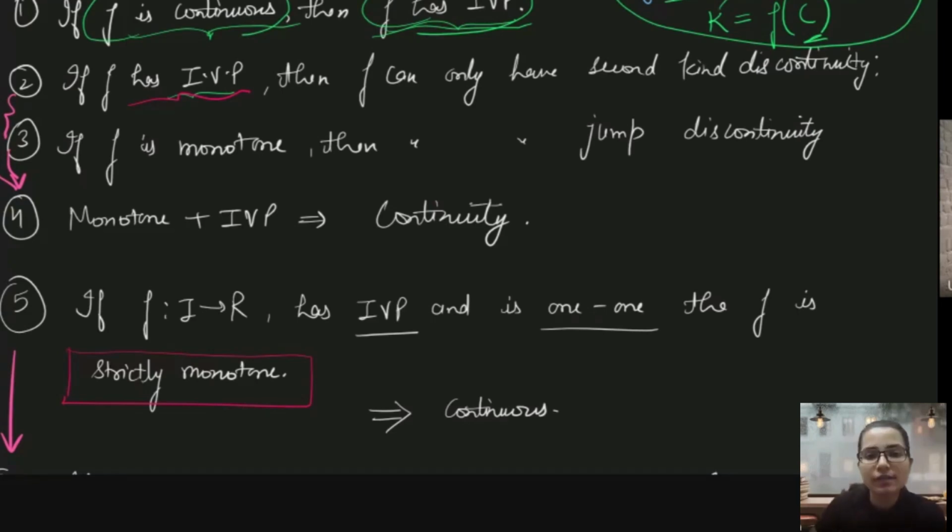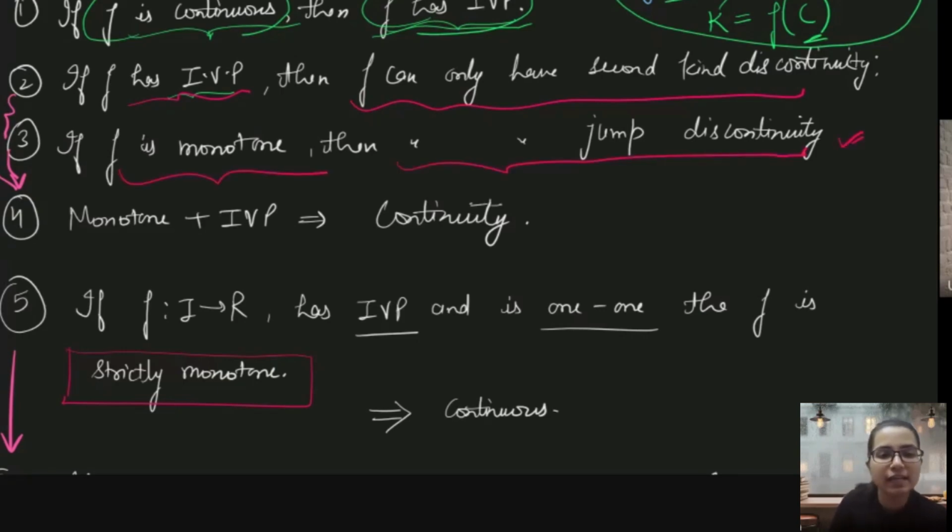So you can only have second kind discontinuities for this kind of function. Next, if f is monotone, then f can only have jump discontinuity. This is an idea I discussed with you earlier. If you have a monotone function, the left hand limit and the right hand limit always exist, and in that case the only possibility for a discontinuity is a jump discontinuity. So the second and third are basic ideas.